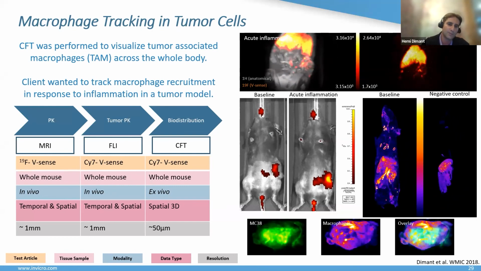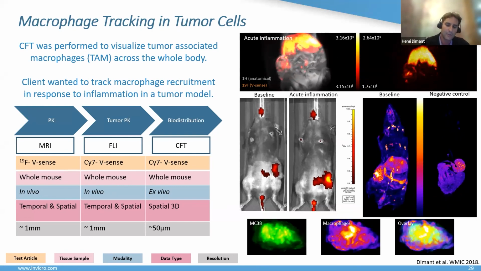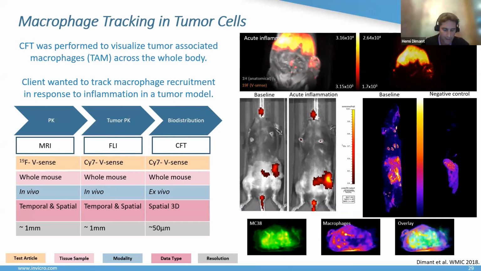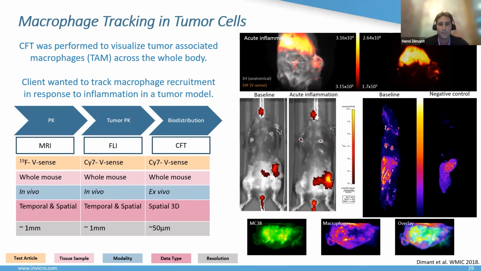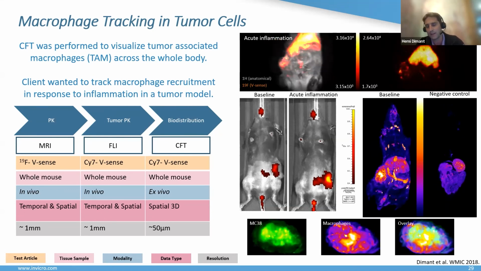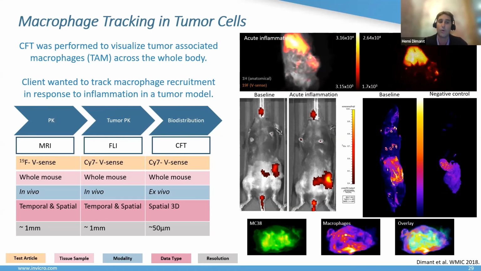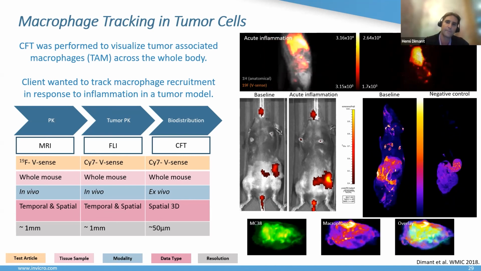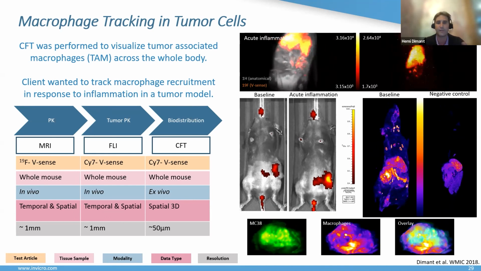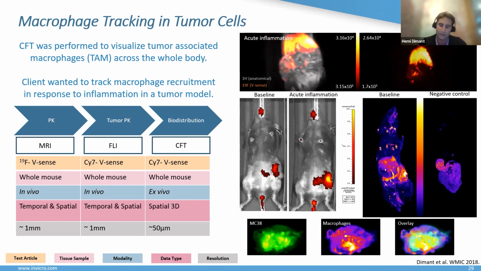And to summarize also, another example of how we've maximized data collection by conducting three imaging modalities on a single animal cohort. So we started with the MR to look at the kinetics of macrophages. In this case, we haven't done a lot of time points.